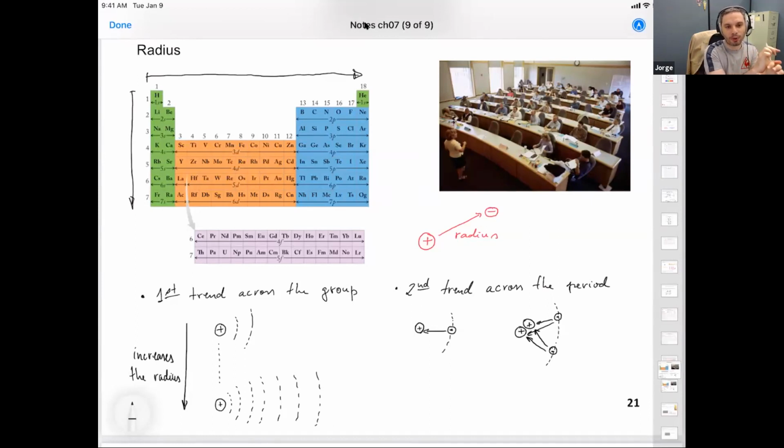Okay, so when we are moving across the period, we are adding more positive charges, which will decrease the radius. So therefore, moving from left to right in the periodic table decreases the radius.